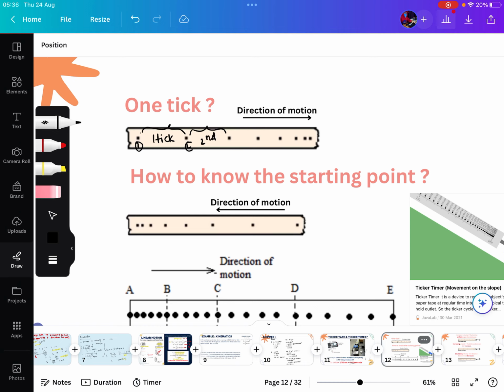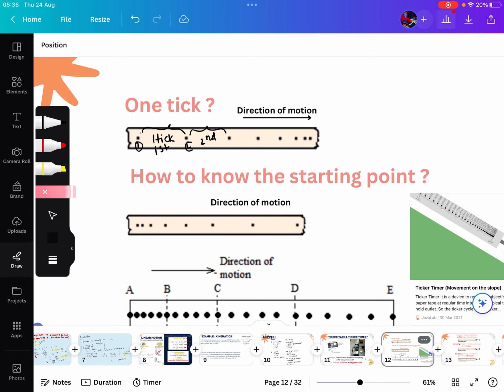So this is the first tick, second tick, third tick, and so on. How do we know the starting point? Which one is the starting point, this or that? In order to know the starting point, it is very easy.